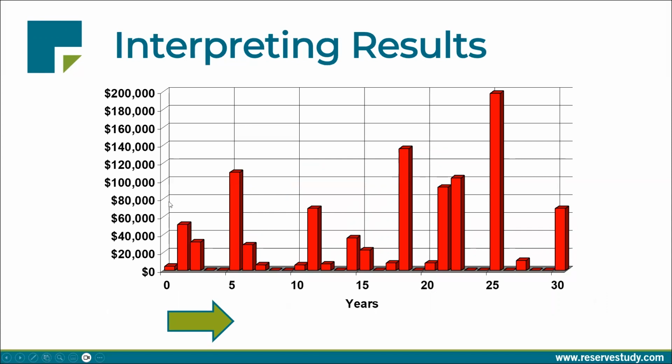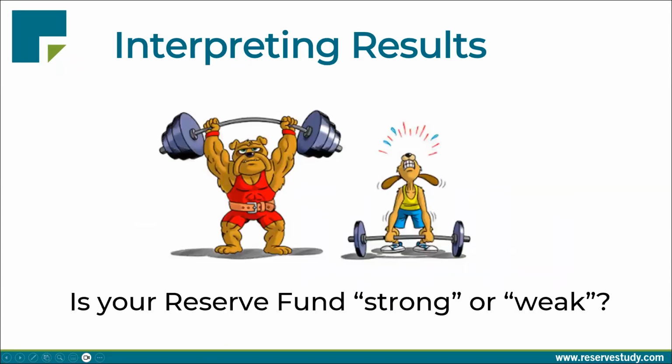Yet, if this association is on its way to having enough money for all these projects, it just looks to me like $60,000 to $80,000 might be a better starting point. Collecting funds, being prepared for these bigger expenses. And so the starting point makes a big difference.